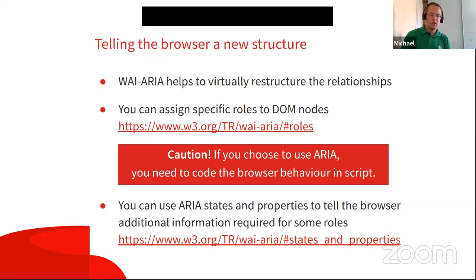So if you say this is a parent node, the browser just announces it as a parent node to the assistive technologies, but it doesn't handle anything like keyboard interaction. So that needs to be done in the JavaScript.